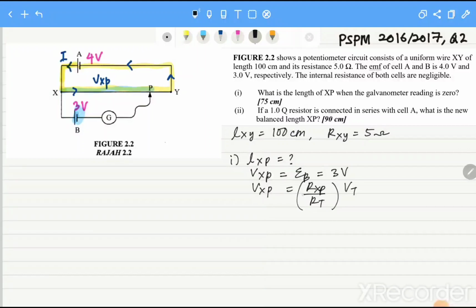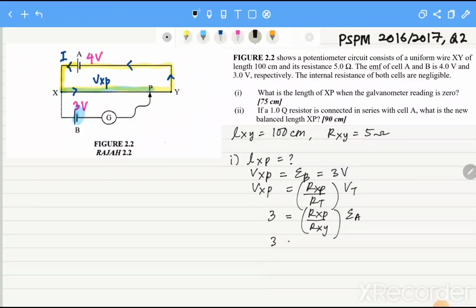So back to the potential divider equation, VXP equals to RXP over R total times V total. RXP we don't have. R total, referring to the yellow circuit, is the RXY. V total is the EMF in cell A. VXP we know is equal to EMF cell B, 3 volt.